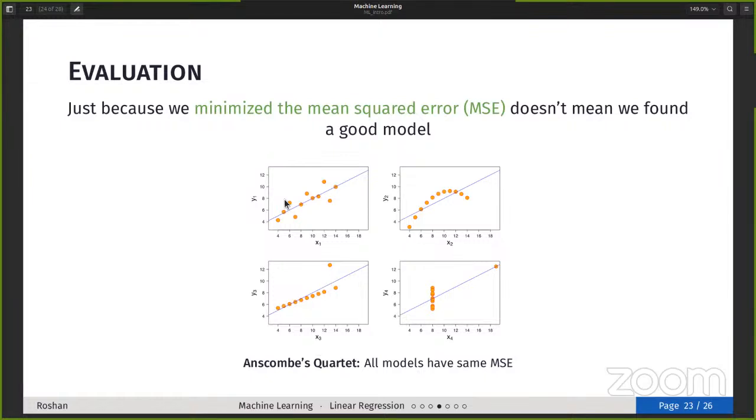But as you can see from this diagram, all of them have the same minimum mean squared error. Which one do you think is the best fit among these four? Which is a good model? All of them have the same vertical distance from the line, but which one do you think is a better model?